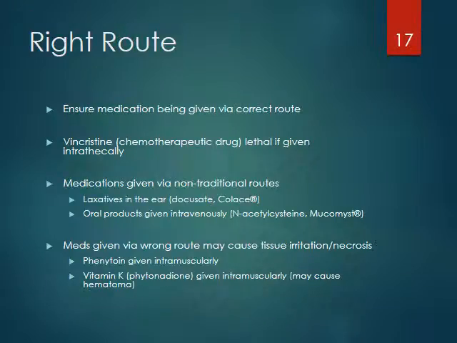Getting the right route of the medication can also be more problematic than you might think in some cases, but always make sure that we're giving medications via the correct route and the intended route. So a good example of where this can be fatal if given incorrectly would be a drug like vincristine. It's a chemotherapeutic drug.